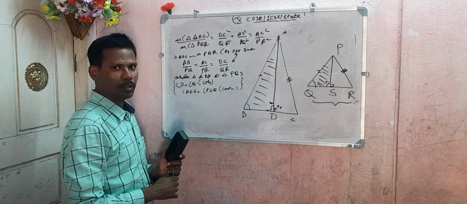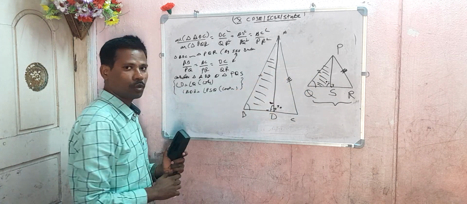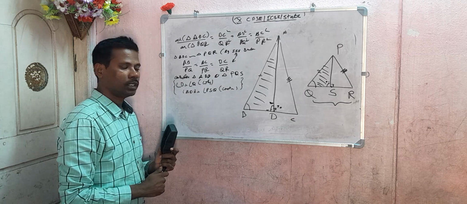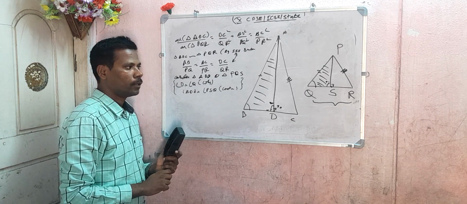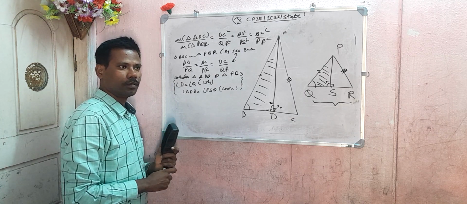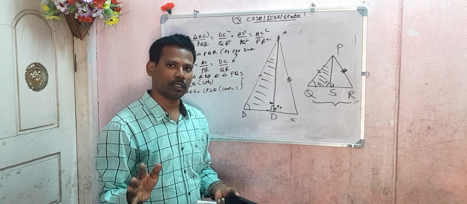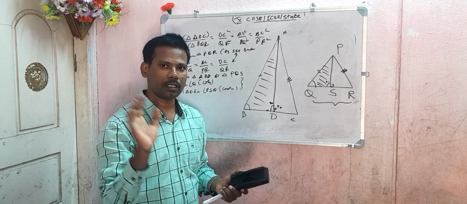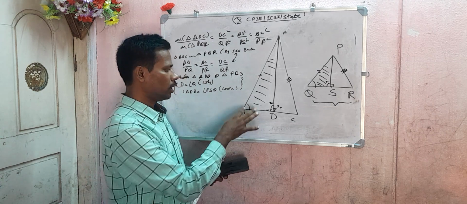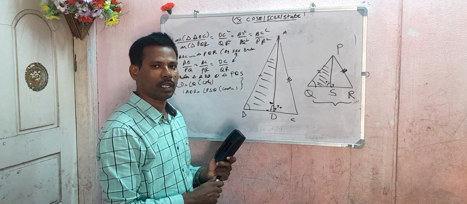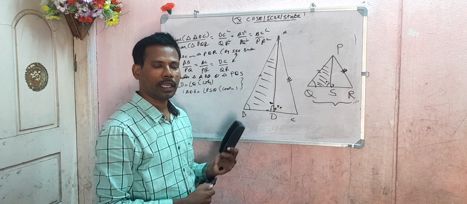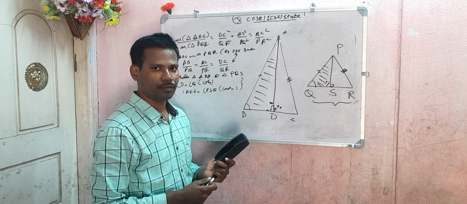Simple, both are similar triangles. If two angles are equal, it is enough for the triangles to be similar, by the angle-angle property.